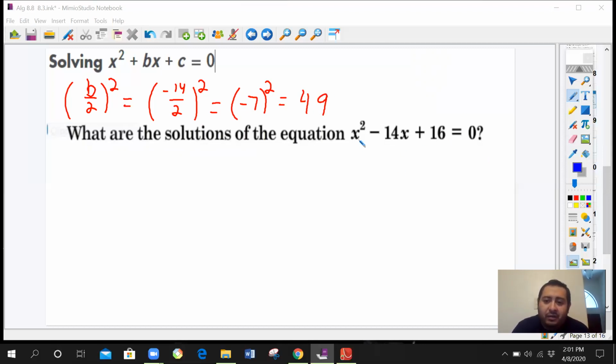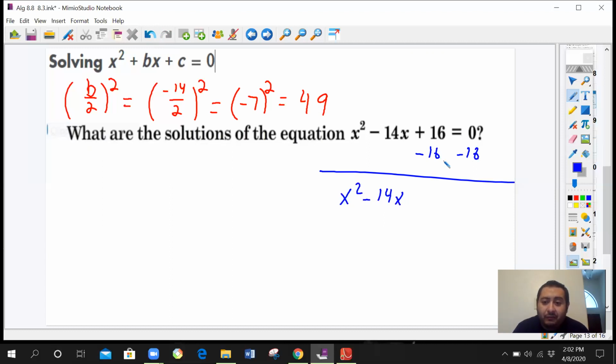Now, this 49, you're going to use it right now. But first things first, you have to move the constant number to the other side, okay? So by subtracting 16 on both sides, you end up with x squared minus 14x, leave a space, and then negative 16.